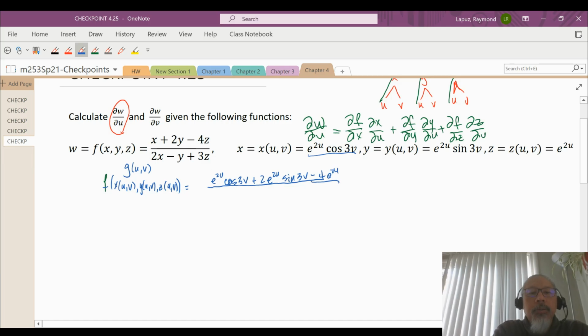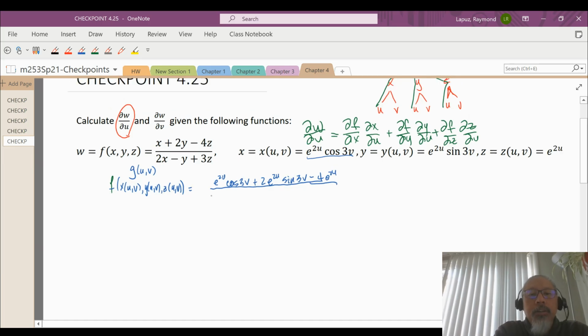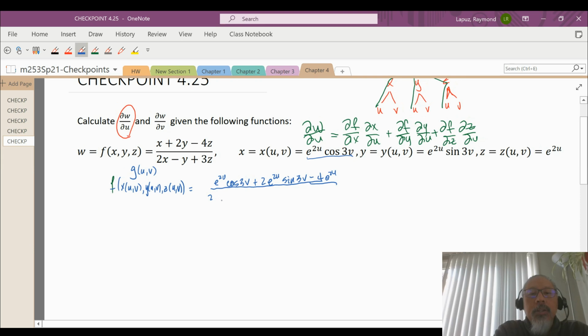Okay, that takes care of our numerator. Our denominator is going to be 2 times e to the 2u cosine of 3v minus e to the 2u sine of 3v plus 3 times e to the 2u.